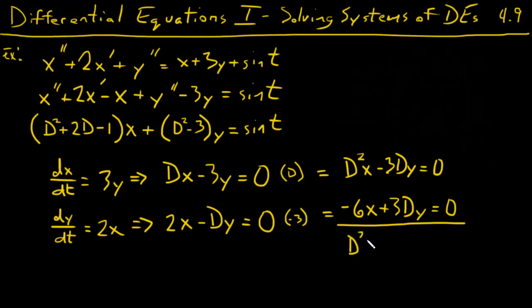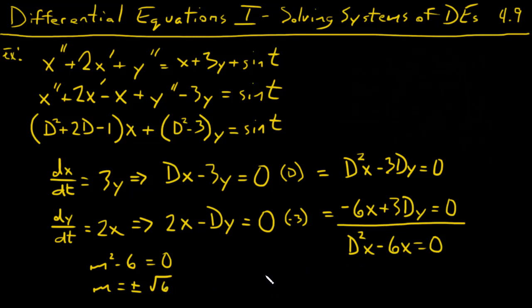D squared x minus 6x equals 0. But I can now take this. This is x double prime, right? Because the d squared. If I convert this into an auxiliary equation, I can then say, well, that's the same thing as m squared minus 6 equals 0. m equals plus or minus root 6.